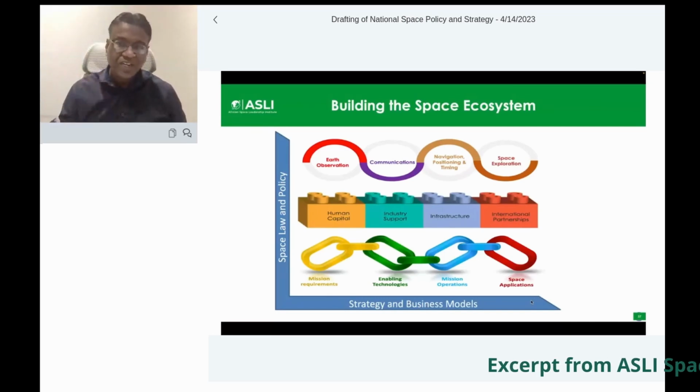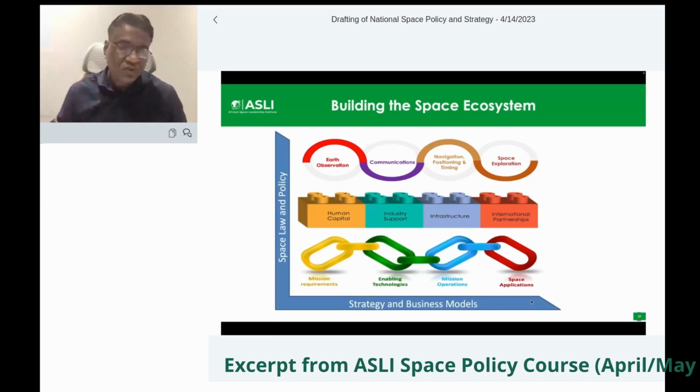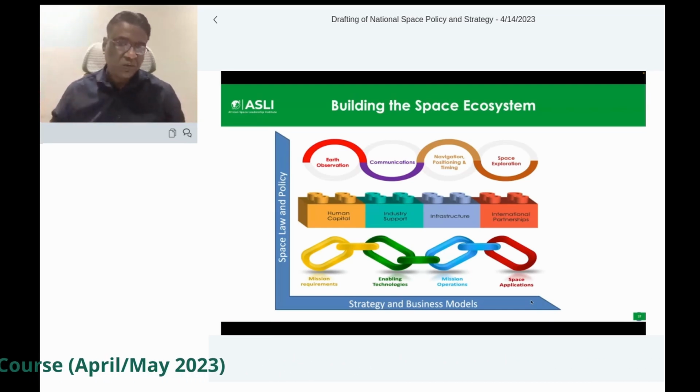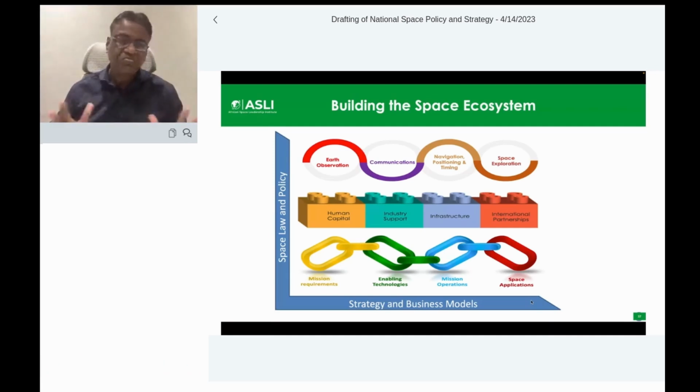What I have seen in many countries is we just go ahead, train students, and we hope that the ecosystem will be built up. We go build a satellite, we bring them back. You have to start with the policy, the law and the policy, develop your strategy and your business model. Then only can you start to build your ecosystem.